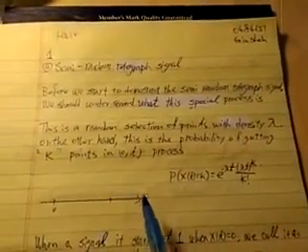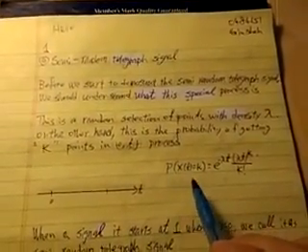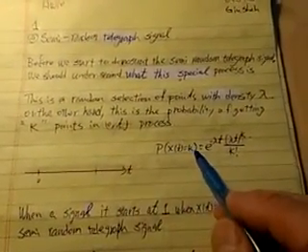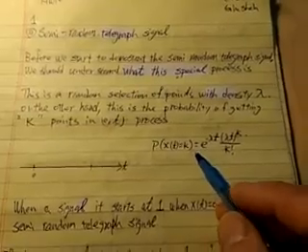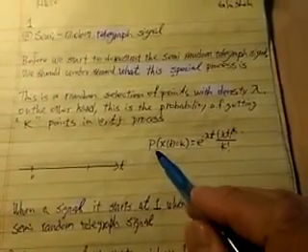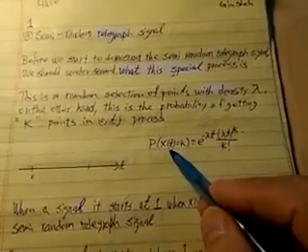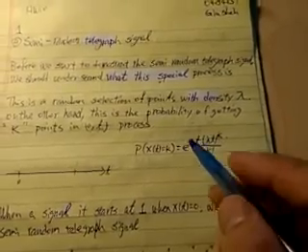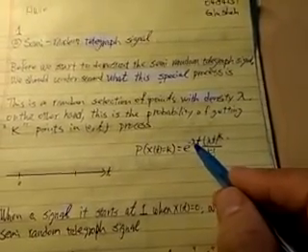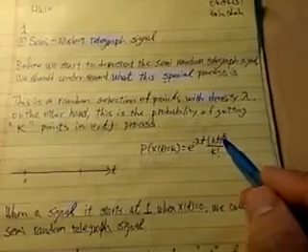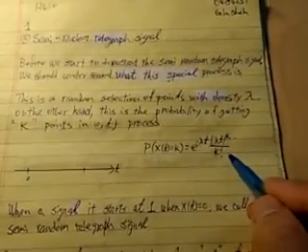Okay, this is a Poisson distribution function. The probability of x of t equal to k is e to the power of minus lambda t multiplied by lambda t to the power of k, divided by k factorial.